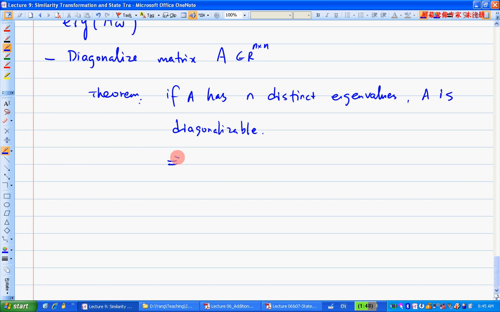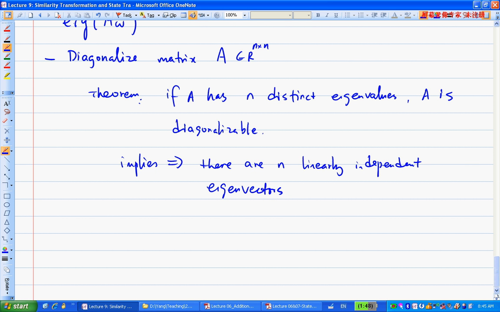Basically, this implies there are n linearly independent eigenvectors. I'll explain what eigenvectors are shortly.